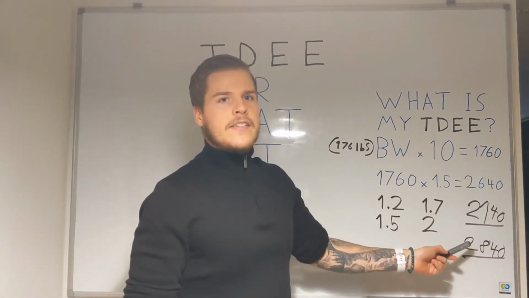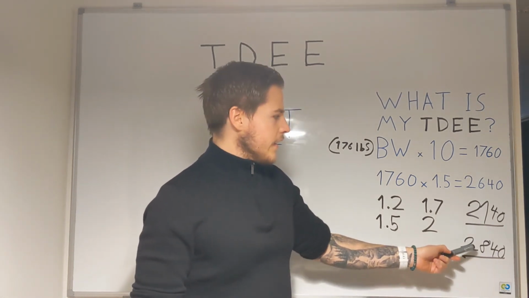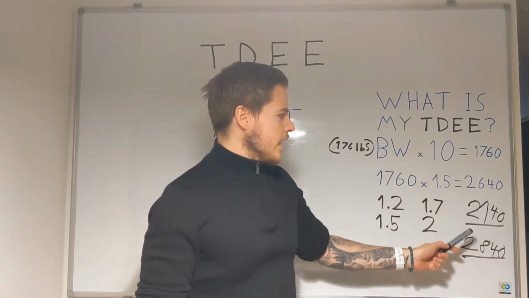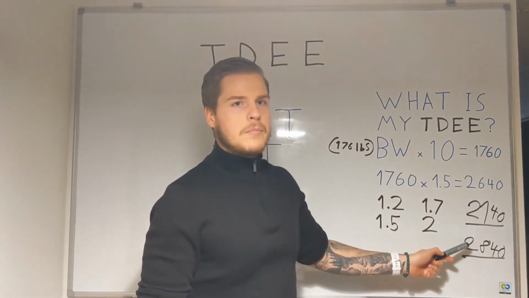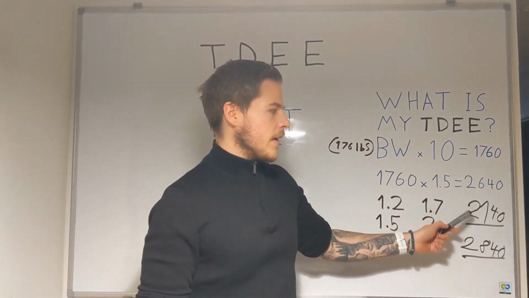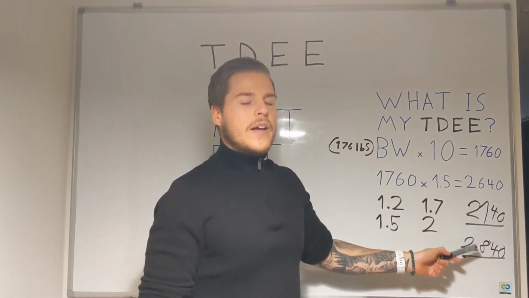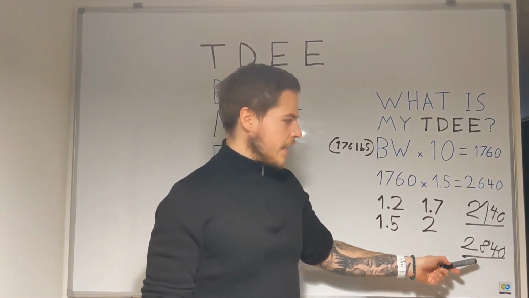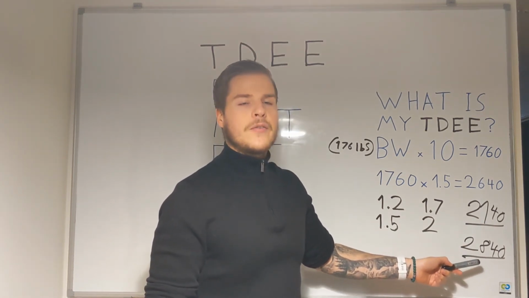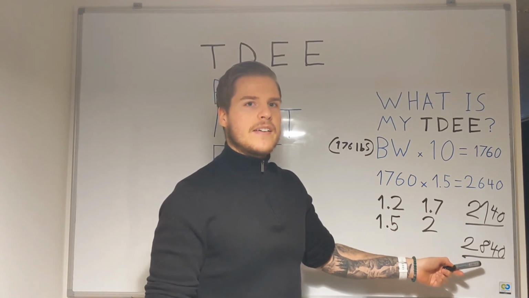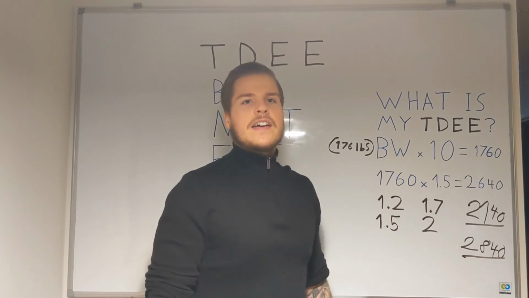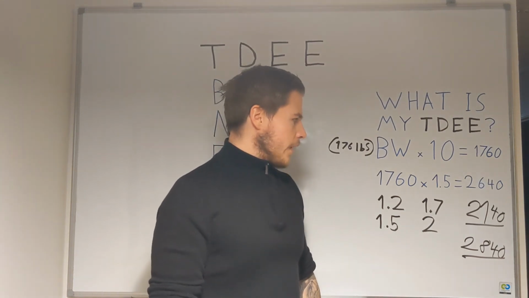Notice that the surplus for building muscle is way lower than the deficit for fat loss, because if we put the surplus as big as the deficit, I would put on way too much fat. So we have to be really conservative with our calorie surpluses, because otherwise we're just going to pack on too much fat and only a small amount is going to be muscle. That is definitely something we want to avoid.